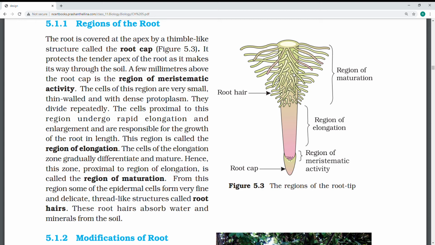The region of elongation shows enlargement and is responsible for the growth of the root in length.